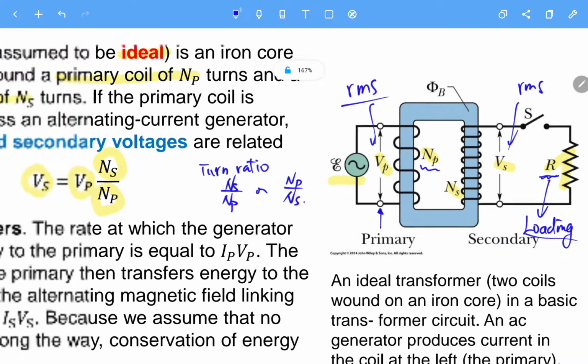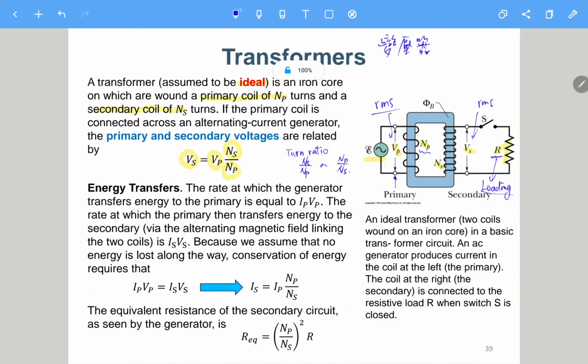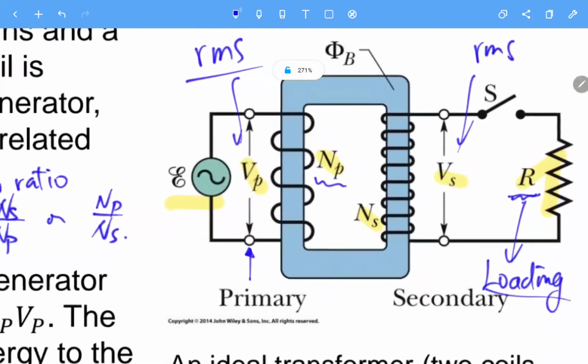It depends. Maybe the textbook will define it properly. If you want to up-convert the voltage, then the number of turns of the secondary coil should be larger than the primary, and vice versa.